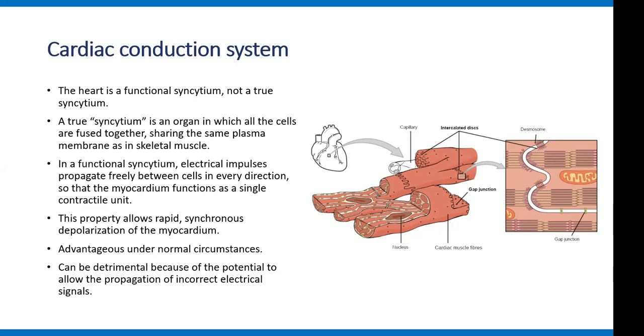The gap junctions are pores in between the cells. The heart functions as a syncytium, and that is mainly because of the intercalated disc that we have.